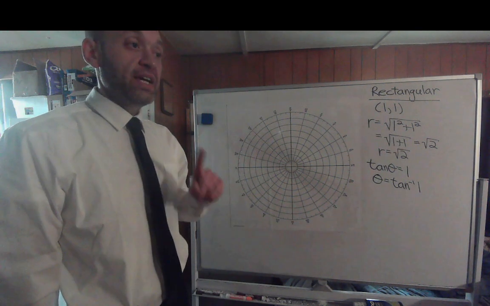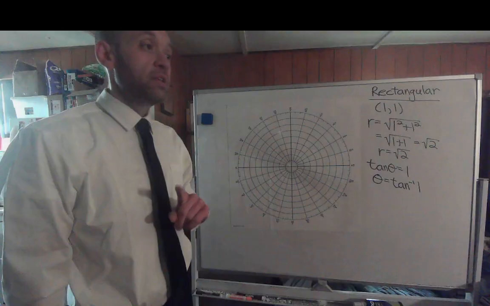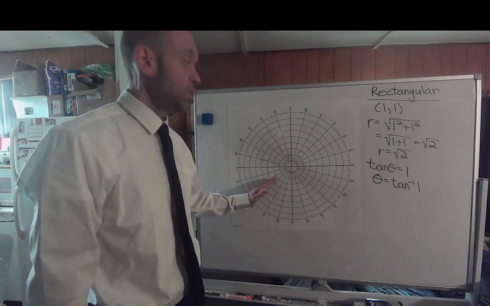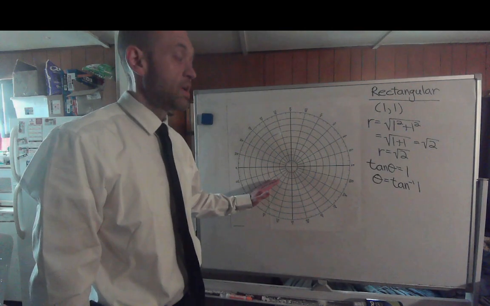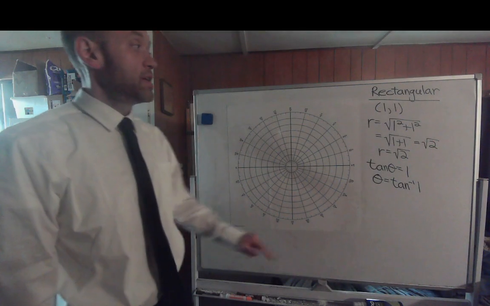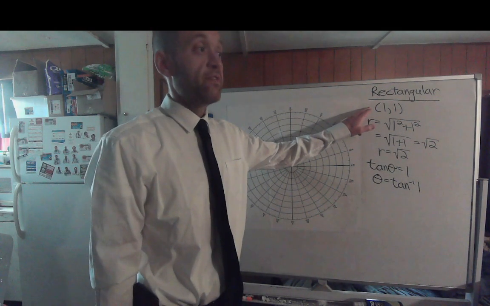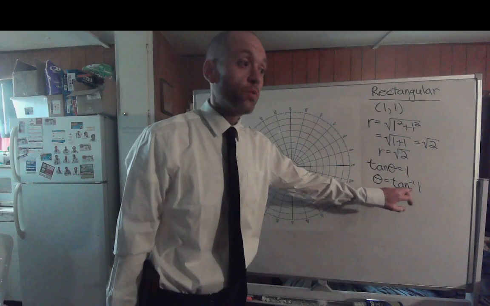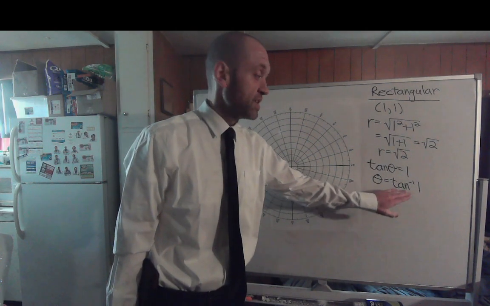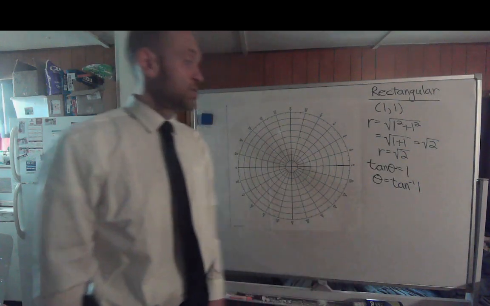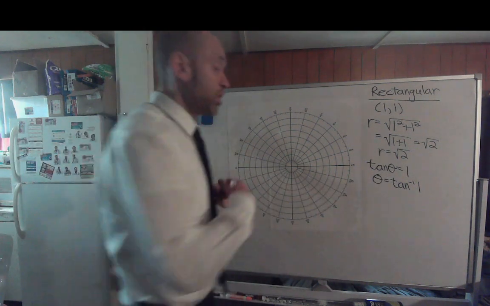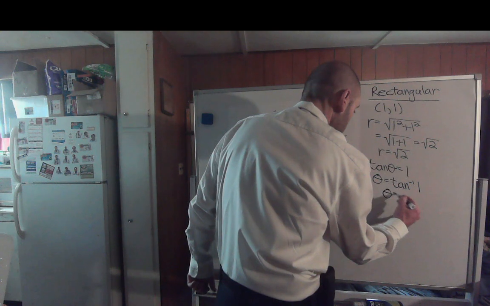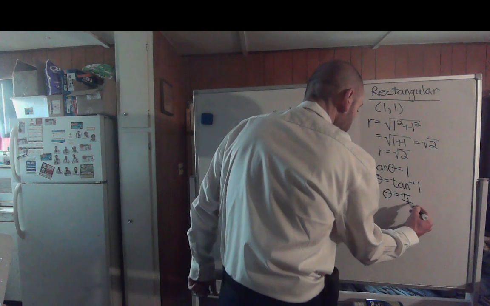Now, where is the tangent positive, however? The tangent's not only positive in the first quadrant, it's positive in the third quadrant as well, isn't it? But your rectangular coordinate was given in the first quadrant. That means you need to find the first quadrant equivalent for the inverse tangent for this angle. So the angle, in this case, we're only concerned with pi over 4 because we want to end up in the first quadrant. So theta equals pi over 4.